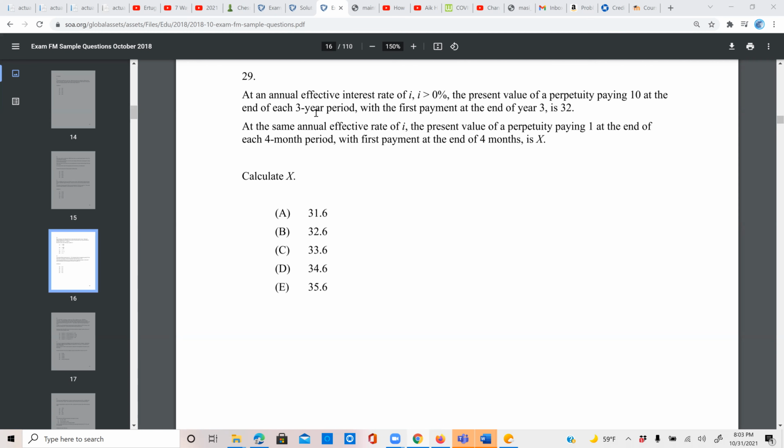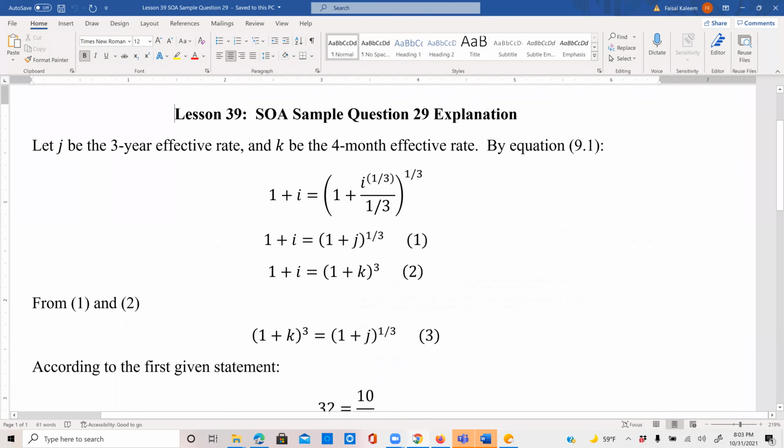So the first one is a perpetuity immediate, and since the period of payment is every 3 years, we need the 3-year effective rate. Let's call it J. So we know that 1 plus I equals (1 plus i^(m)/m)^m, where m is the number of compoundings per year. If the compounding takes place every 3 years, it's 1/3 compounding every year.